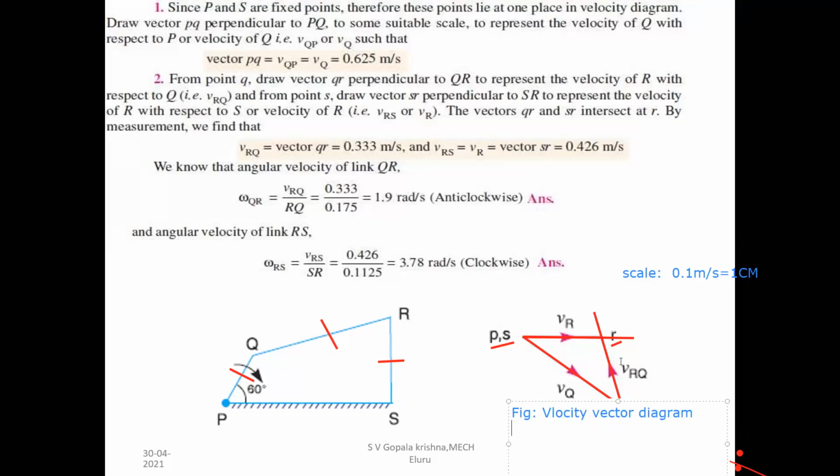What we have drawn here belongs to the velocities. You just have to take the scale and measure the distance of vector QR.